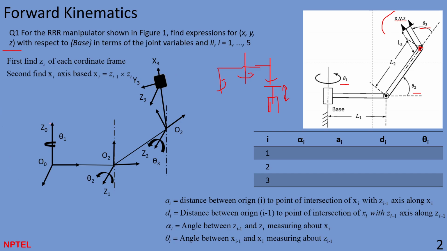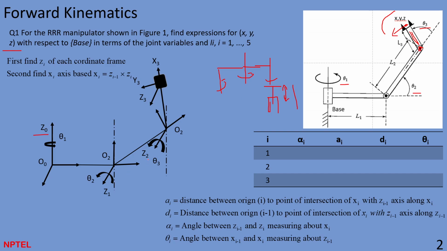So first you have to define this z naught. For a revolute joint case, we need to define z3, because z3 will remain the same as for this joint and this joint. This is a part of this link, a rigid link, so the axis will remain the same.